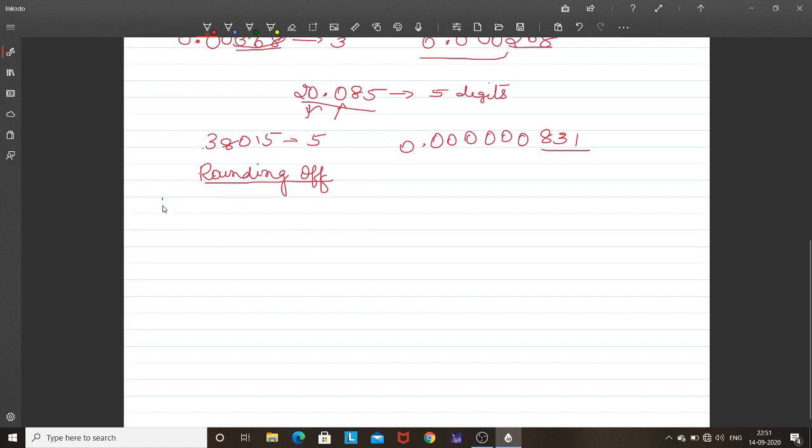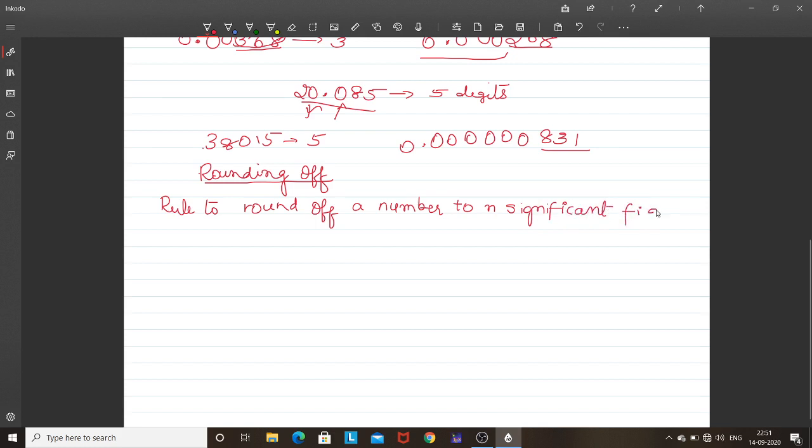So rule 2: round off a number to n significant figures or digits.